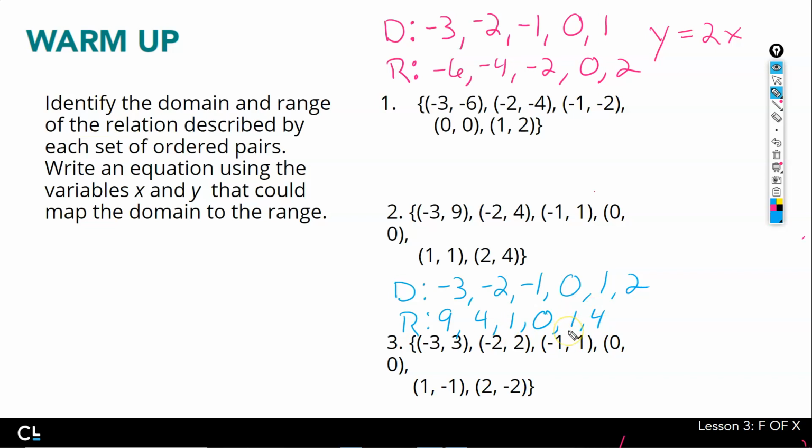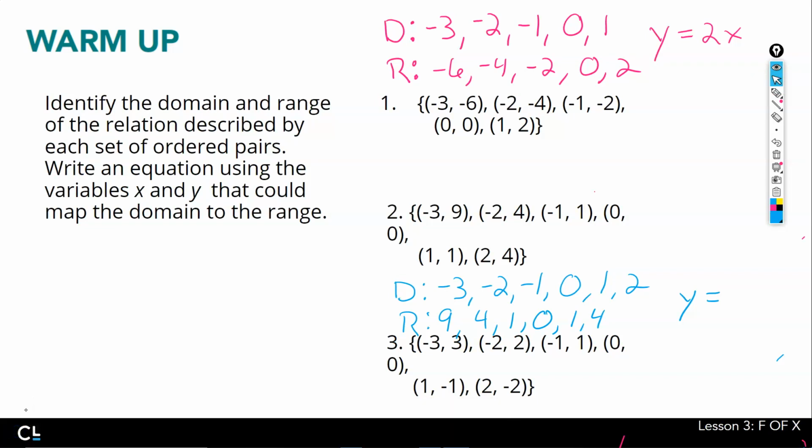Sometimes you don't even have to list them out again if they repeat. Now to come up with the equation, y equals, what's happening to the x values to give you an output of y?